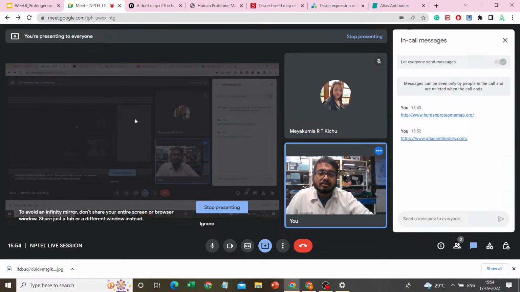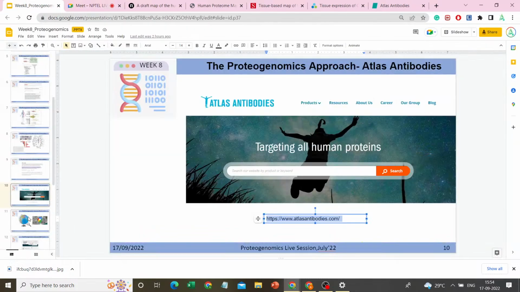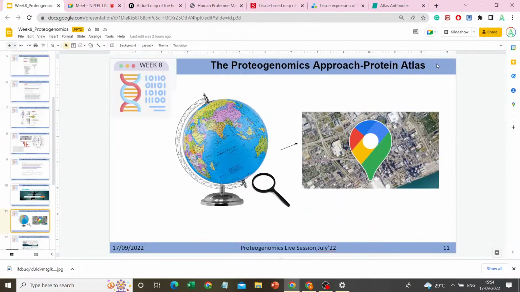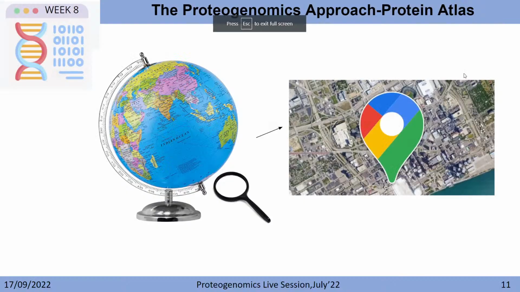repositories that can be helpful. Now I just want to give an analogy that I personally like. You know that the globe has been present for a long time, but if someone is handed a globe and asked to go to a particular location, it is not very fruitful.